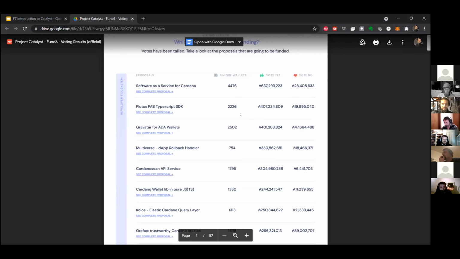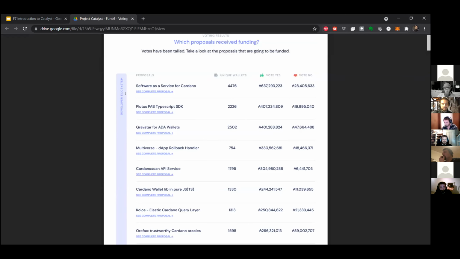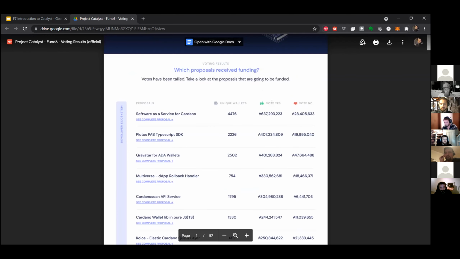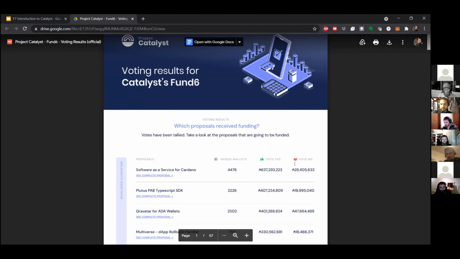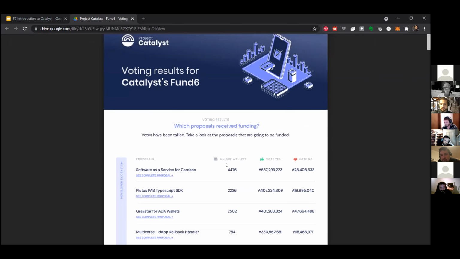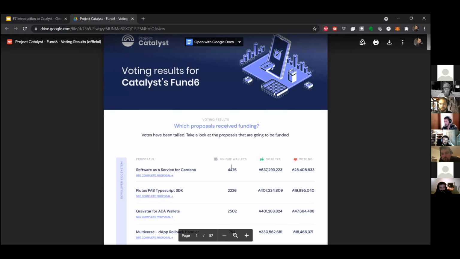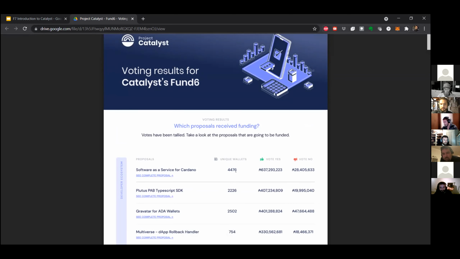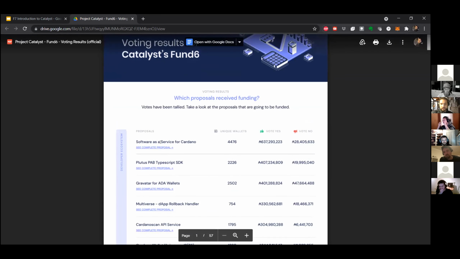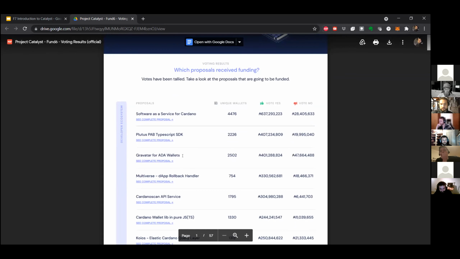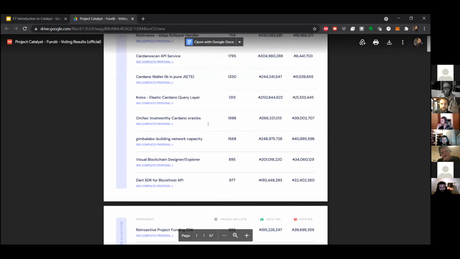So for example, here you can see different challenges, the first one being developer ecosystem. You can see the number of upvotes, number of downvotes, and how many unique wallets participated in this voting process, actually how many voted for this proposal. This is summing up upvotes and downvotes. So this was the first one, this is the second one, third one, and you have all of these for all different challenges.